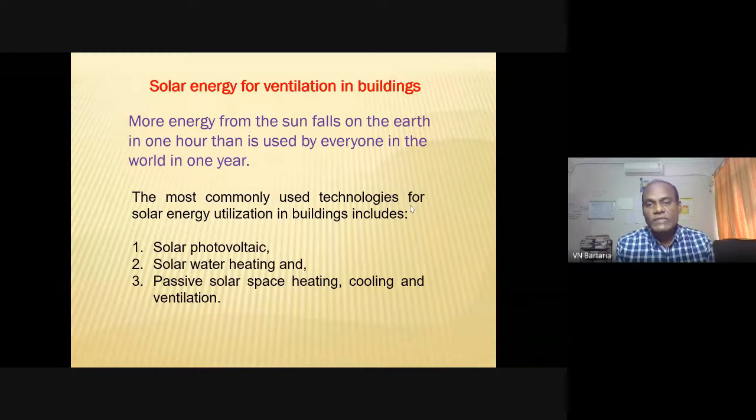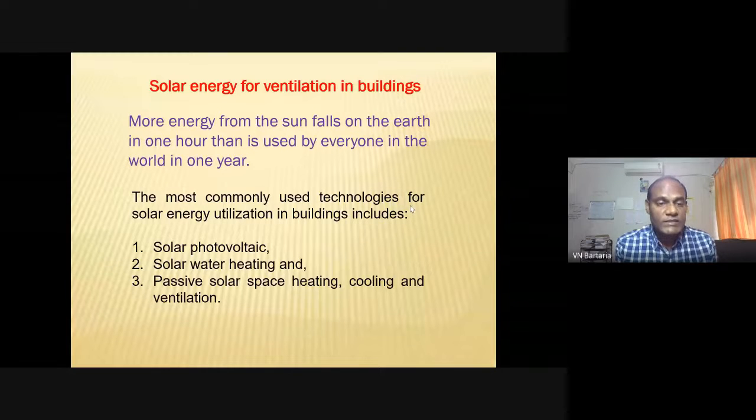Passive solar space heating, cooling, and ventilation. This is an unaware part of solar energy. Still, a few who are doing research work, or who are in the teaching community or in academics, might know about passive solar space heating, cooling, and ventilation.